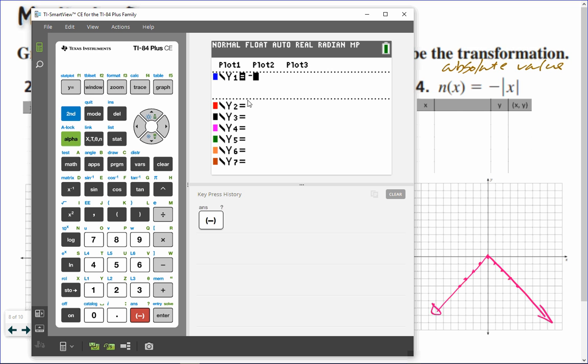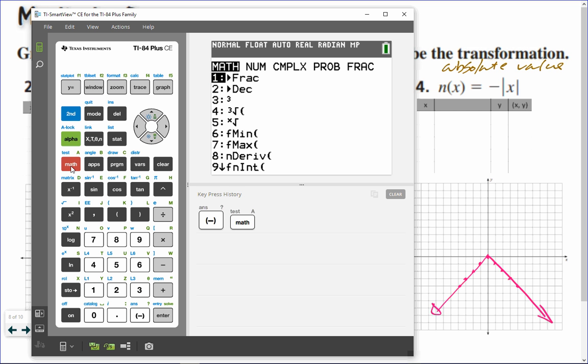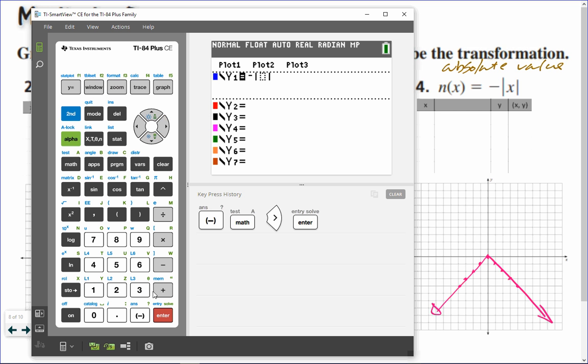The way you get to the absolute value, watch this carefully, is you go to math, and then you scroll over, right arrow, over to number. If you notice, option 1 says what? That's absolute value. You can hit 1, or I can just hit enter.